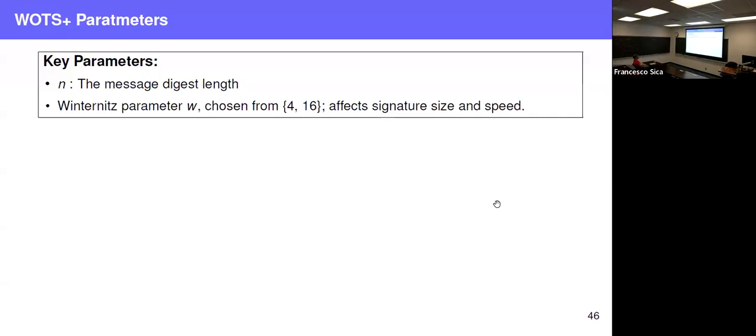If we choose the higher W, we will have a smaller signature size, while the speed of signing is the lowest.